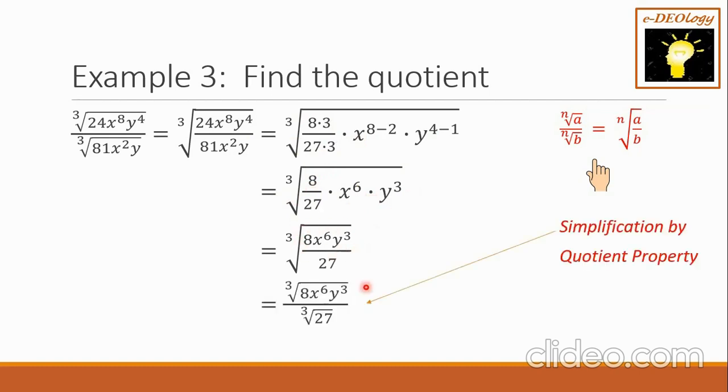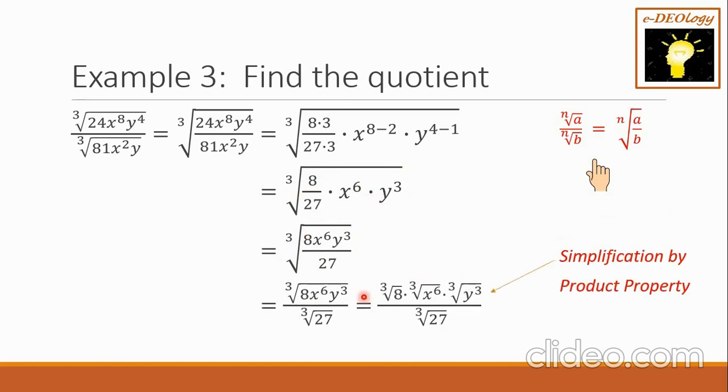The next step is we're now going to simplify by the quotient property. It means we're going to distribute this radical sign, the cube root, into the numerator and the denominator. And then we're going to use the product property to simplify by distributing the cube root to each of the factors.